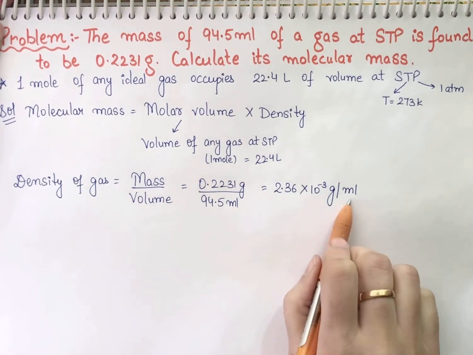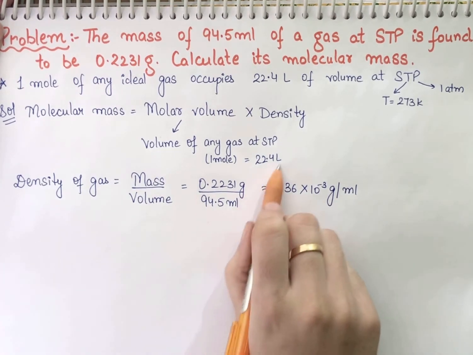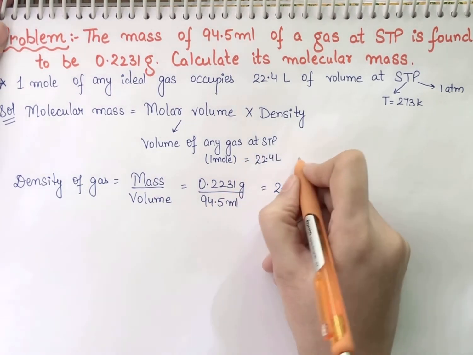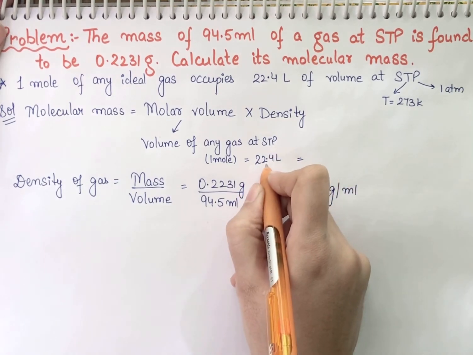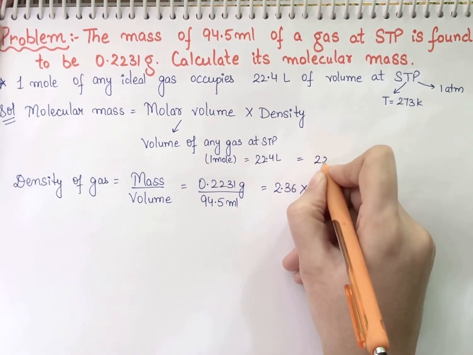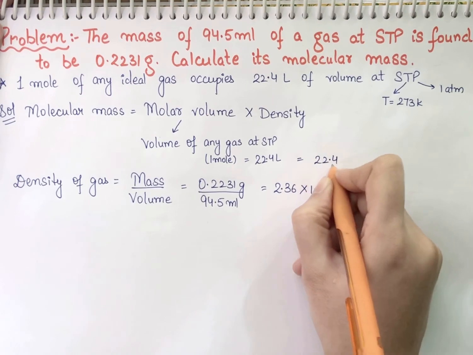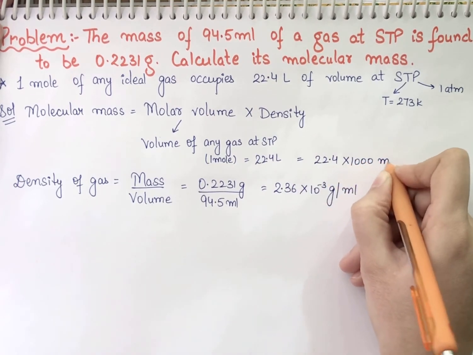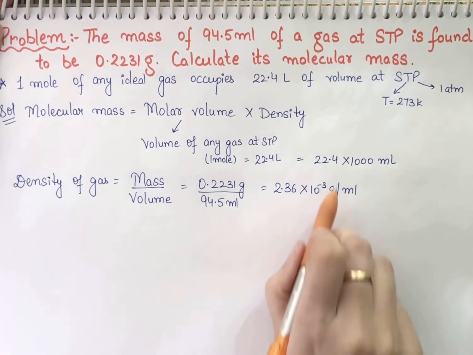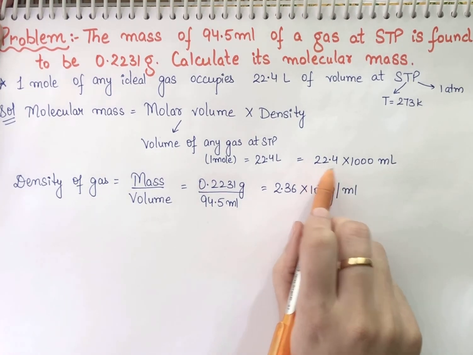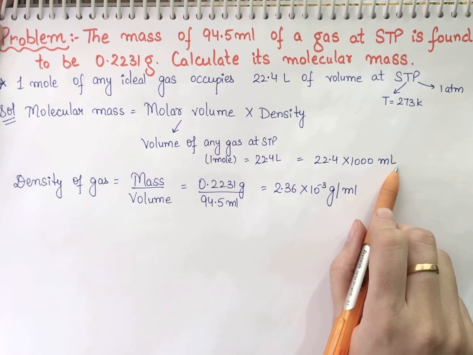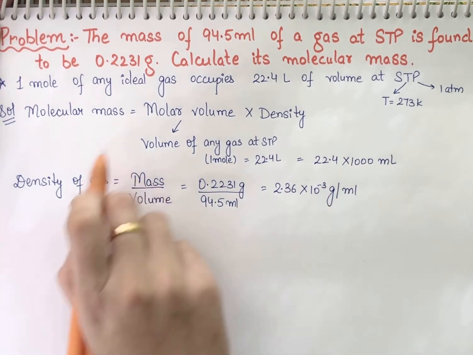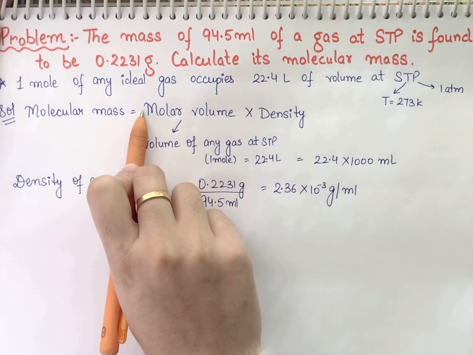Now I'm having density in ml and here volume is in liter. So what I'll do, I'll simply convert this value into ml. So I know that if I'll multiply 22.4 with 1000, I'll get my answer in milliliter, right? So here I'm having 22.4 into 1000 ml, right? So what I'll do, I'll simply put these values over here.